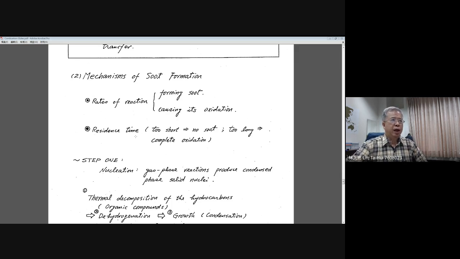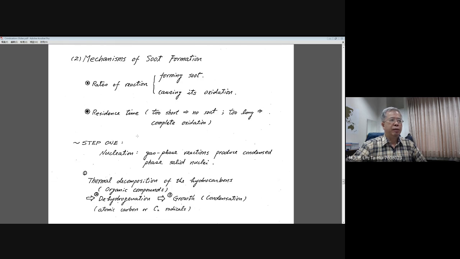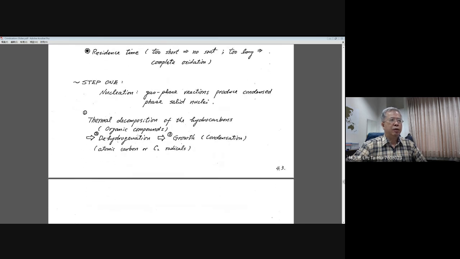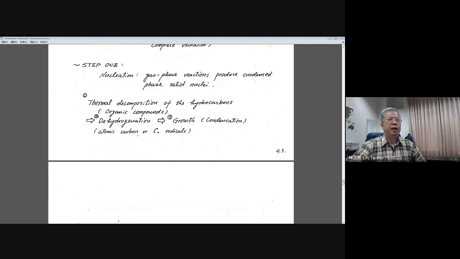Now let's look at how to create the soot. There are several steps. The first step we call nucleation. As I mentioned, they need to go through gas phase reactions to produce a condensed phase solid nucleus. In step one, they go through thermal decomposition of the hydrocarbons.